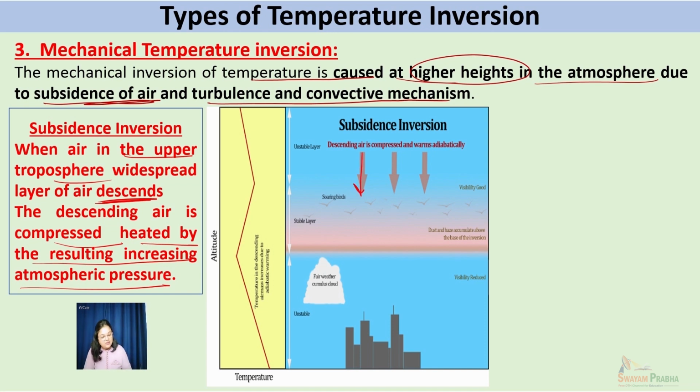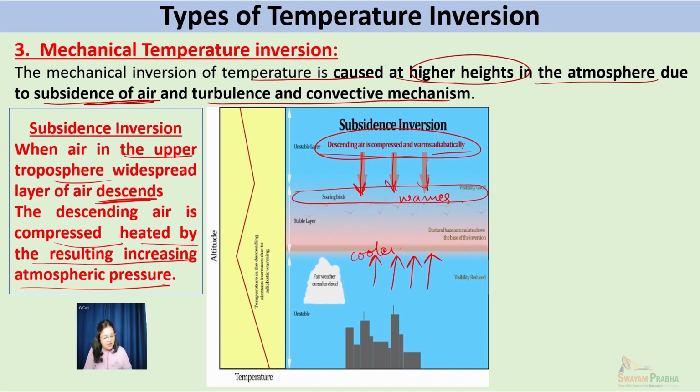So this descending air is compressed and warms adiabatically, due to which the upper regions of the atmosphere become warmer as compared to the lower regions, which are much cooler. So because of this adiabatic warming and descending of the air parcel, and in the process its compression and heating, results in the subsidence inversion.